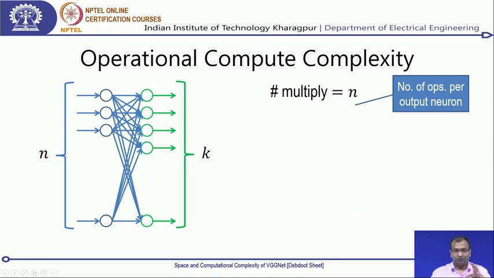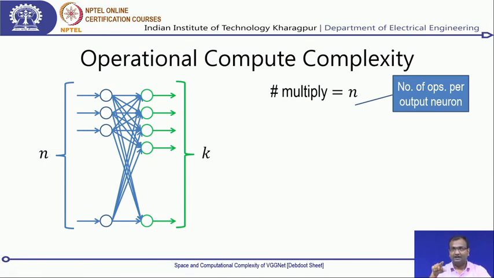Now, once I multiply it out, I have to add. The result of this multiplication is still an array of size n. If I want to add all the elements in an array of size n, I will have to perform n minus 1 additions, plain and simple. So, if I do this dot product, there are n multiplies and n minus 1 additions. You need to keep in mind that there is also a bias associated with each of them, and there is 1 extra addition for that bias.